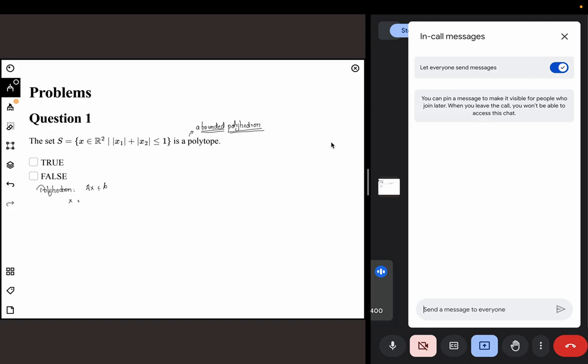x is basically x1 and x2. In the set of equations given by mod x1 plus mod x2 less than or equal to 1, there are essentially cases: both being positive, one negative and the other positive, and vice versa, and both of them negative. So these are the set of 4 equations. If I write it in matrix form, my matrix A will be [1, 1], [minus 1, 1], [1, minus 1], and [minus 1, minus 1].